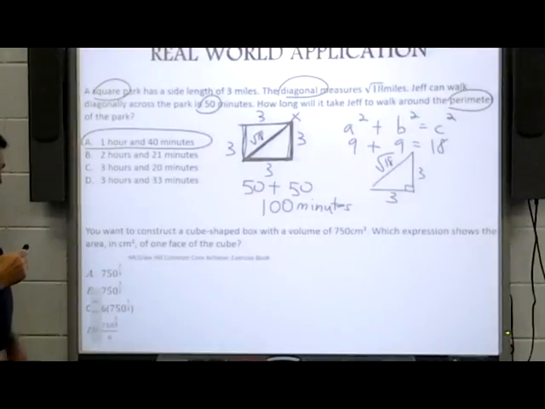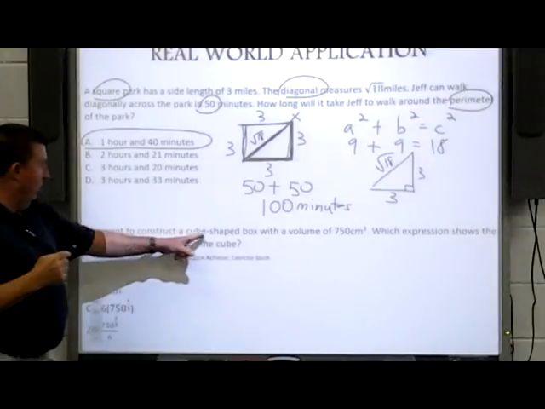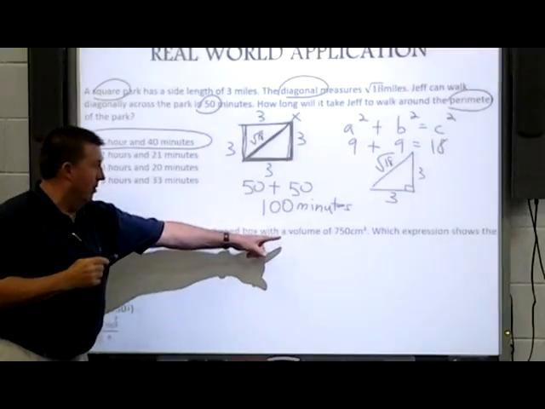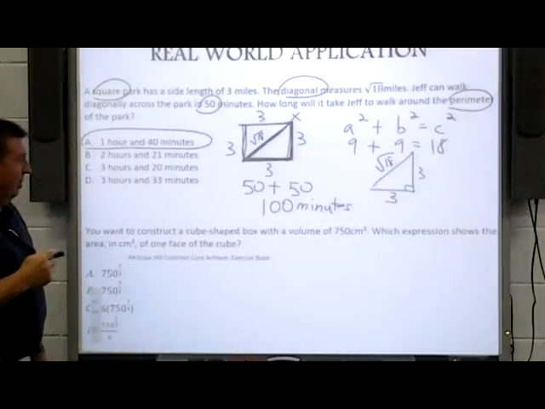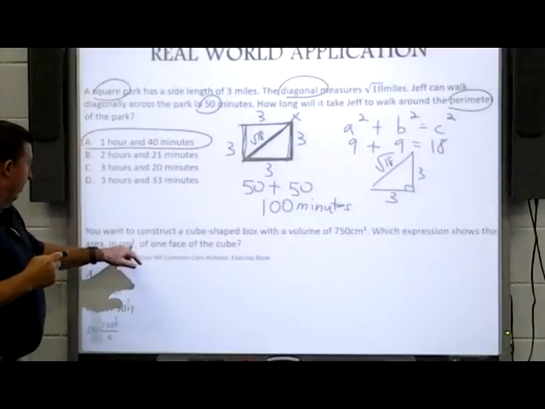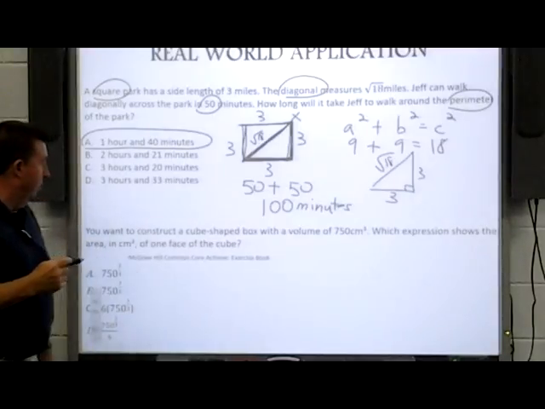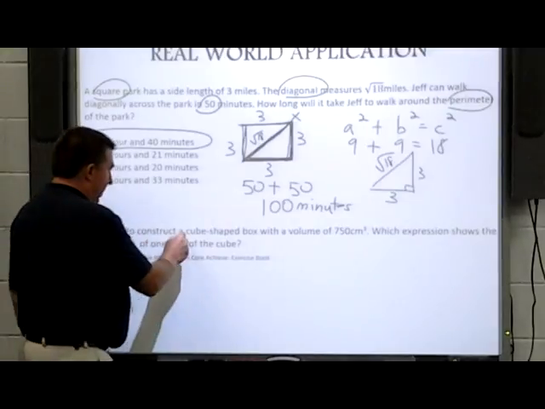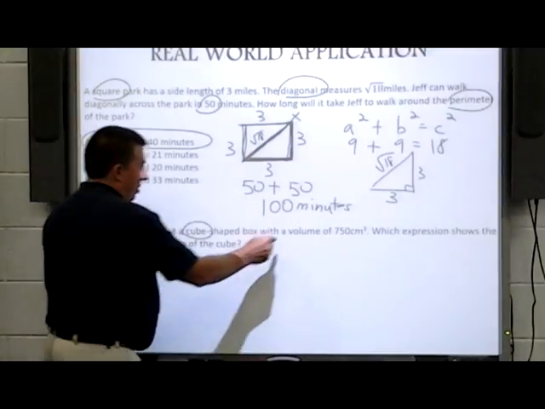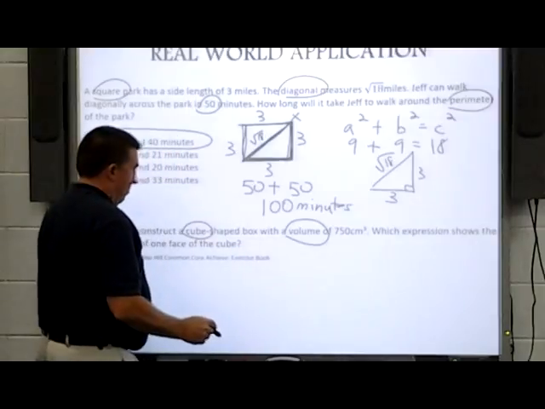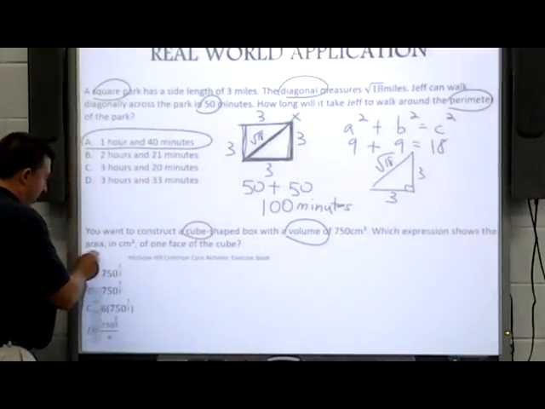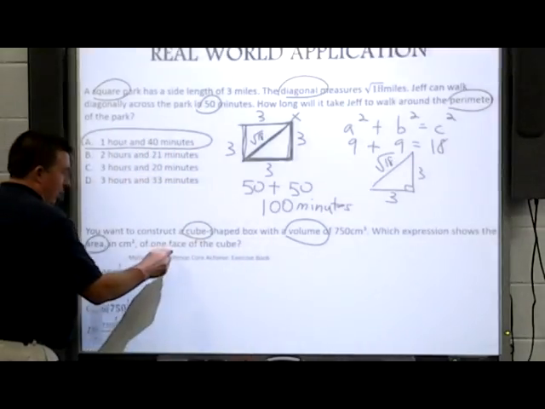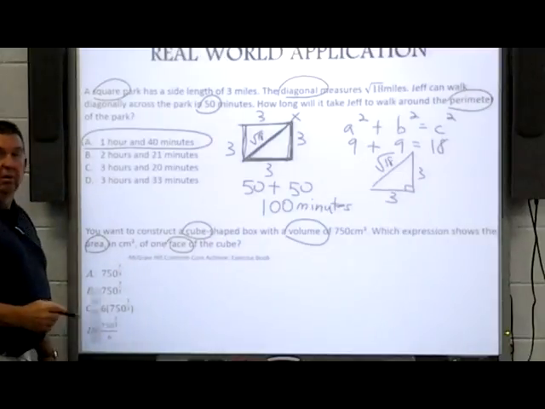The next example is, I have a cube-shaped box with a volume of 750 cubic centimeters, which expression shows the area in centimeters squared of one face of the cube. Lots of vocabulary here. I got a cube, we're talking about volume, then we want to know area of one of the faces.